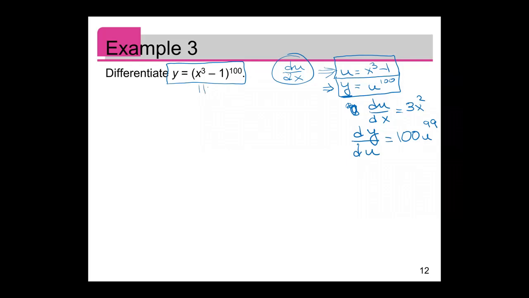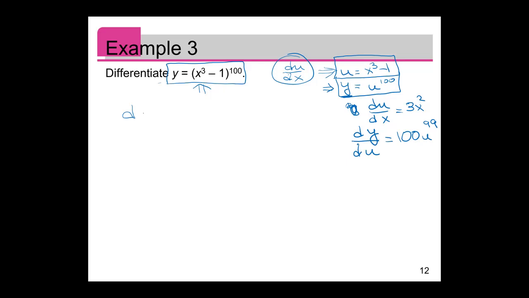What would be the notation for finding the derivative of the original function? There's no u in the original. So the dx over, or dx times dy.